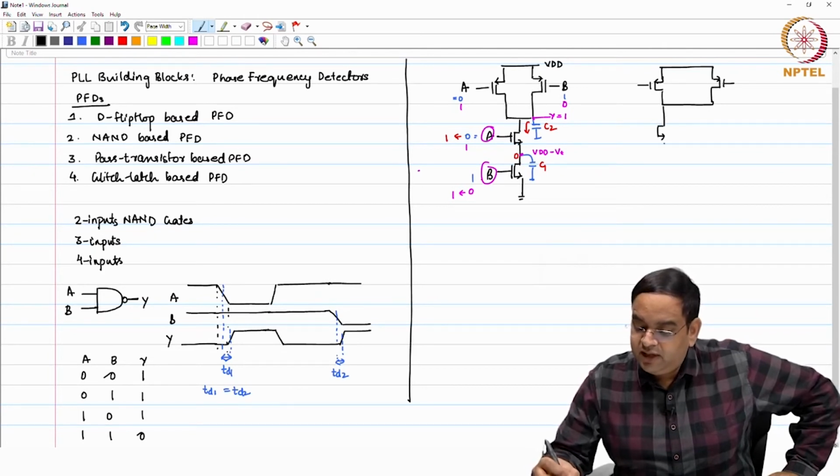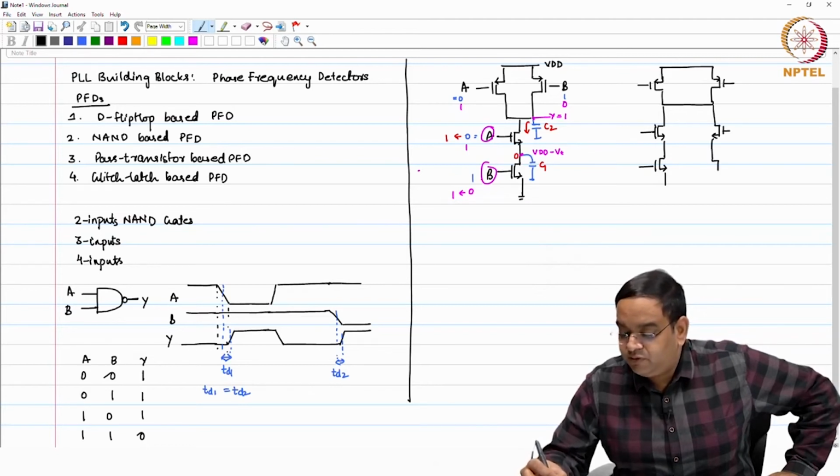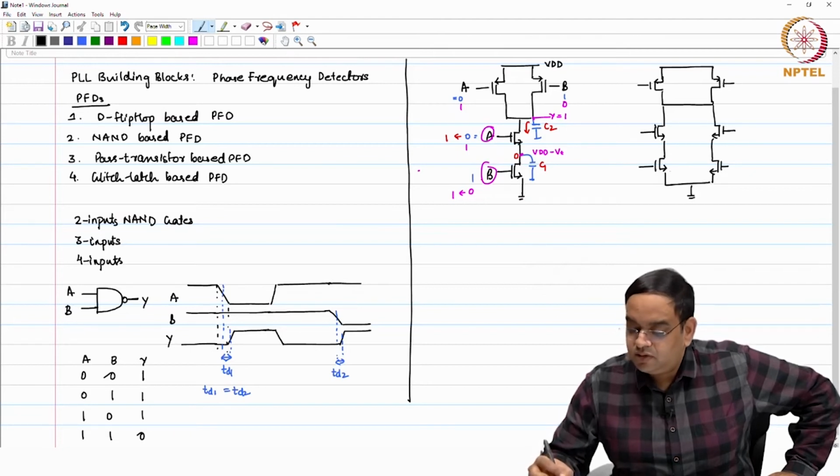Okay. So, I can do this. In place of using 1 branch, I will use 2 branches. Okay. So, they both are connected like this. Okay.